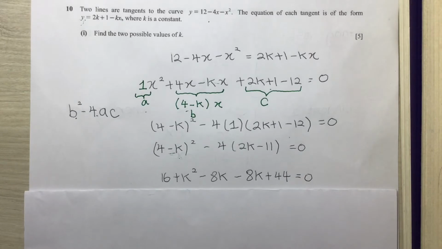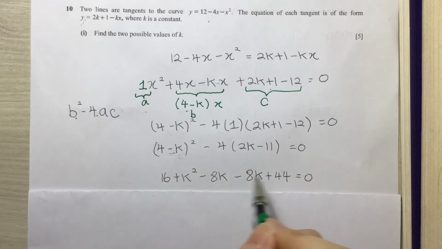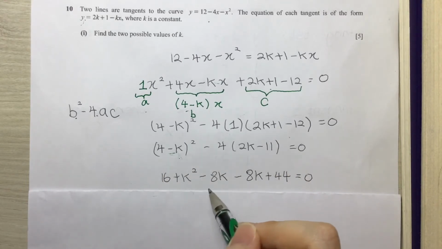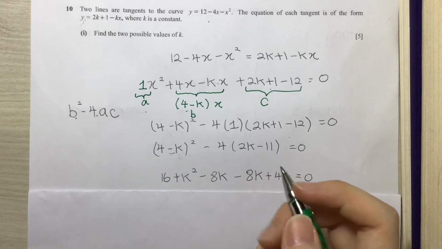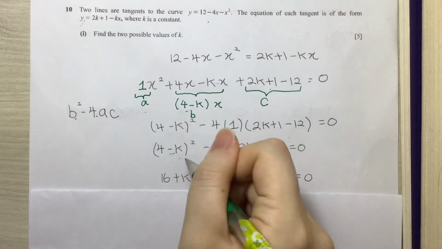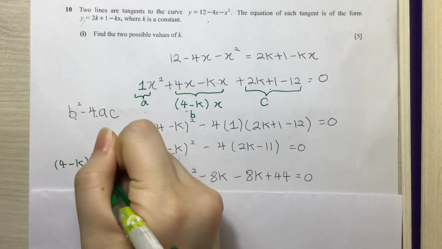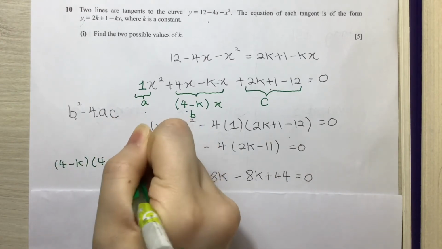In this case, I actually skipped one step, which is not really important if you can expand it without problem. Or else you may have to write it step by step, like (4 minus k) multiplied by (4 minus k).